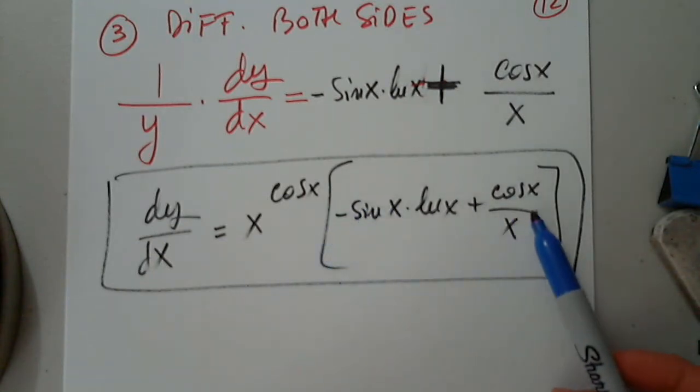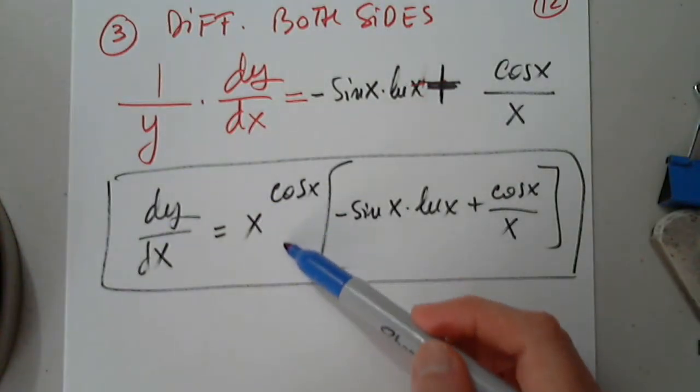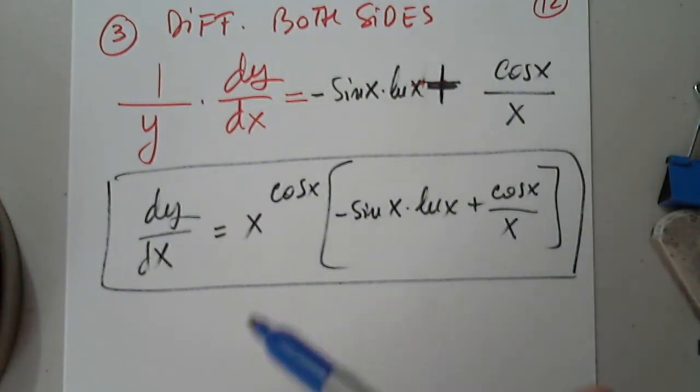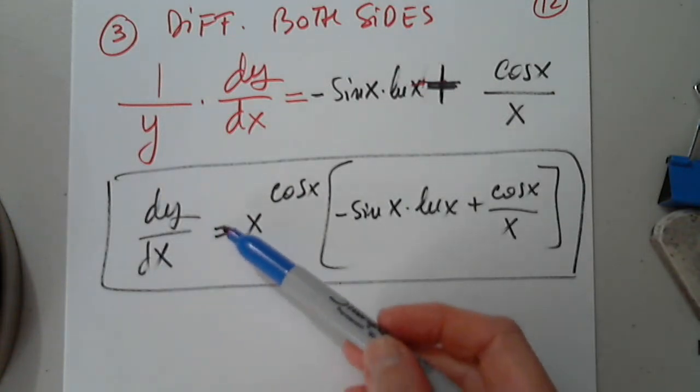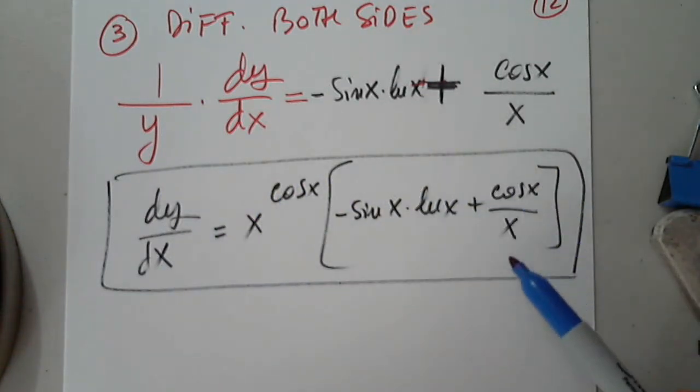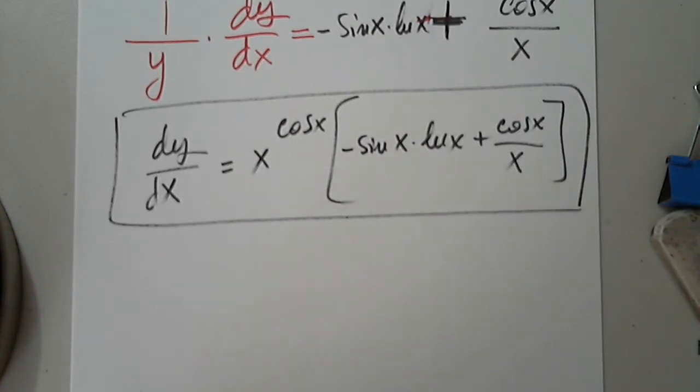I want to have just x. It's not a mistake to keep it as y. Even y is okay. But it's the derivative of y with respect to x. If I can avoid having y here, I should always. And since they are the same, I want x raised to cosine x. Is that better?